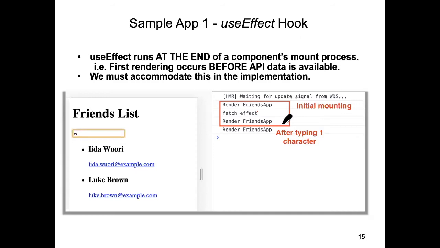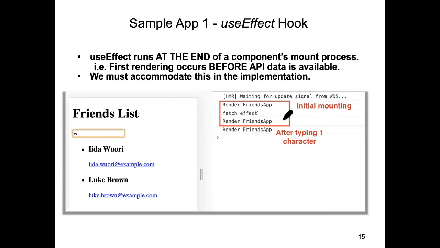The component re-renders all over again. Of course, now in this second re-rendering, I have a full list of friends. I don't have anything entered in the text box yet, but I have a full list of friends. And when I filter that full list of friends, it still remains, so the list of matching friends is still my full list of friends. And that's what I pass down to the filtered friends component. And voila, my full list of friends are actually displayed.